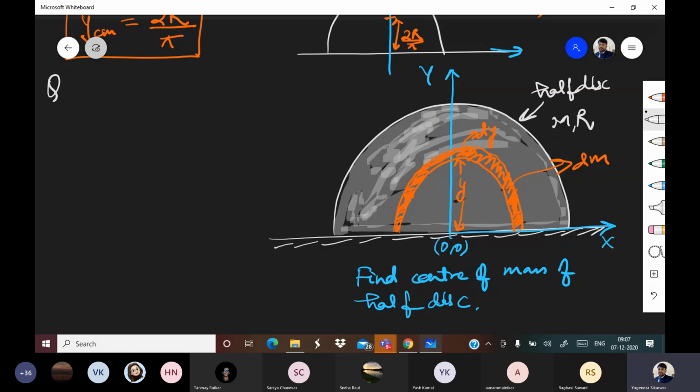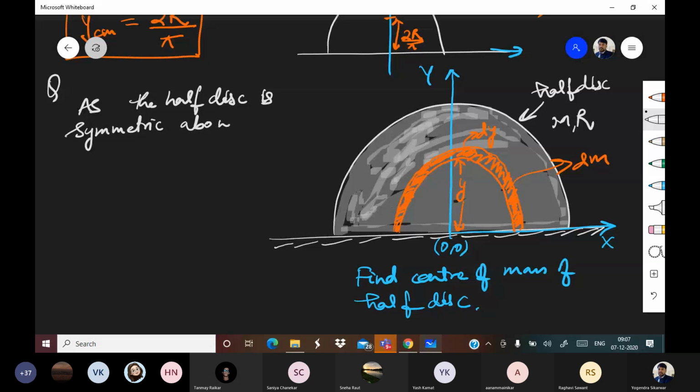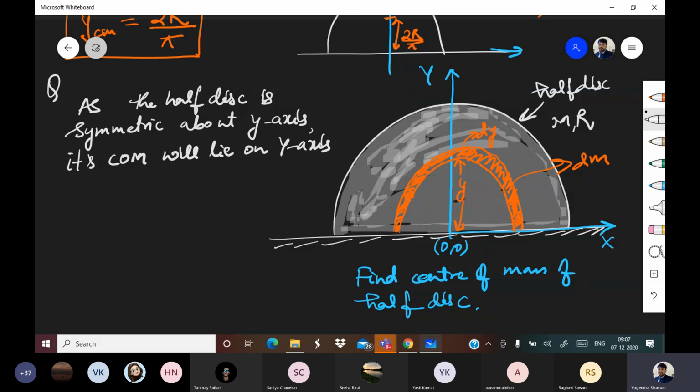So I am writing that statement: as the half disk is symmetric about the y-axis, its center of mass will lie on the y-axis. So basically we just need to find YCM.